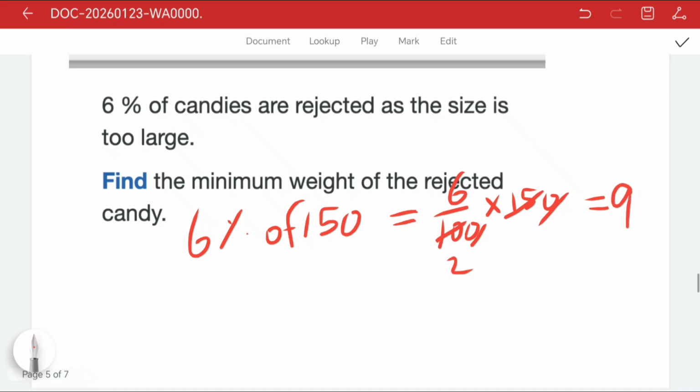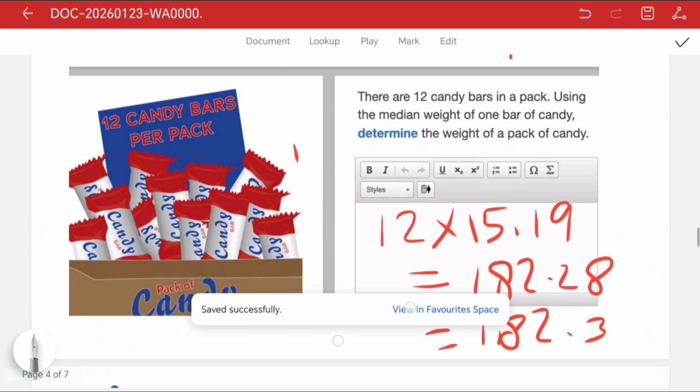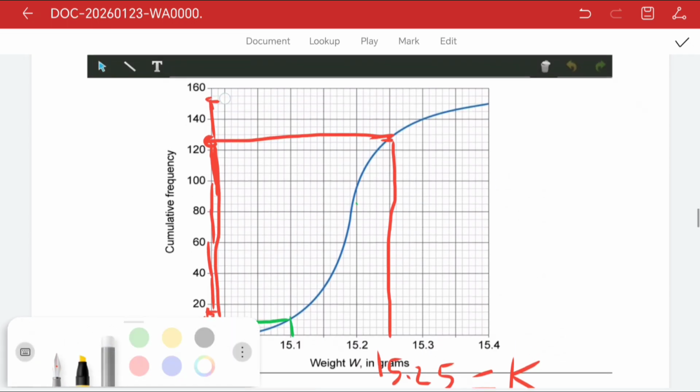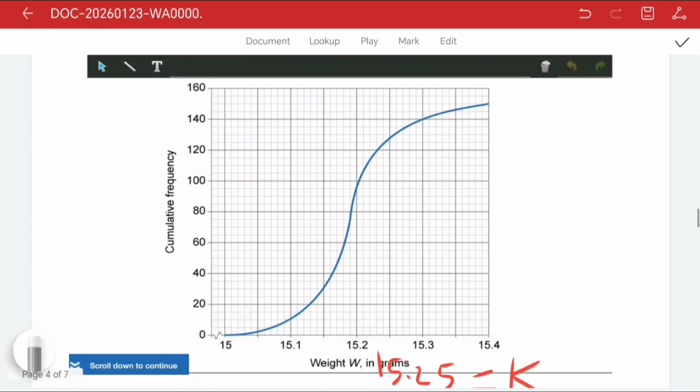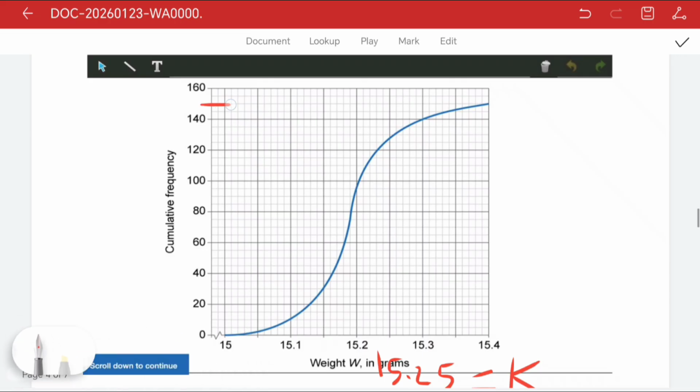So let's see where the 9 candies are on the graph. Let me erase this first. We are going to see the 9 candies, because the total is 150. So 9 candies are almost here, at 141.